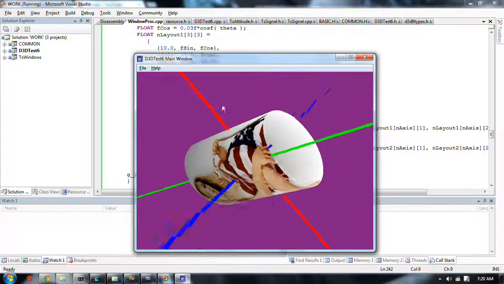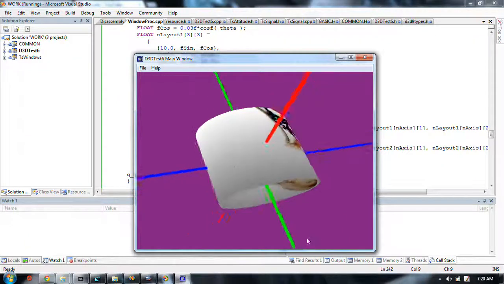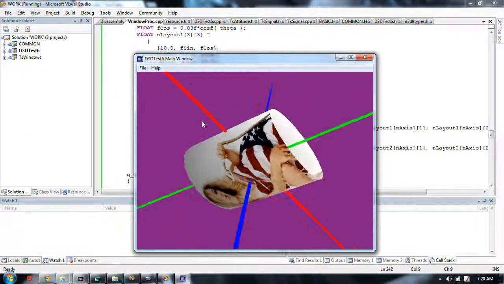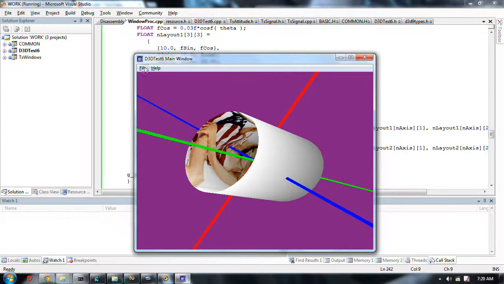So to rotate about that axis is to rotate about an already rotated axis. Okay, stop that. It's a little bit too crazy.